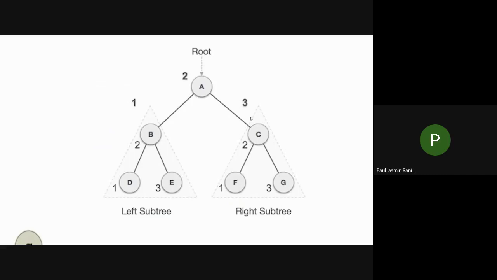It will take only 2 minutes and you can put it in the chat. Perform an in-order traversal for this and put your answer in the chat. I want all the students to do this one.